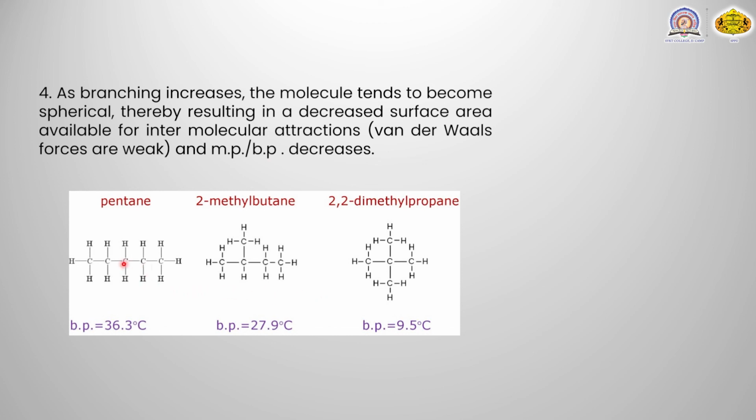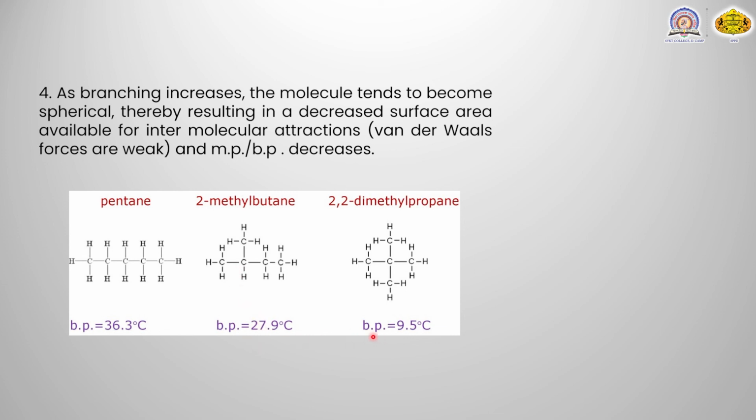In the case of n-pentane, this has 5 carbons. This compound has the same number of carbons but the branching is different. Similarly, in this case the number of carbons is 5 but the branching is different. So as branching increases, the boiling point decreases. In the case of n-pentane, the boiling point is 36.3 degrees Celsius, whereas in 2-methylbutane, having 5 carbons and the same number of hydrogens, the boiling point decreases.